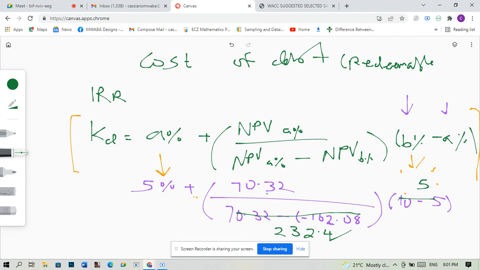0.302. When we divide this, we're supposed to get 0.302.